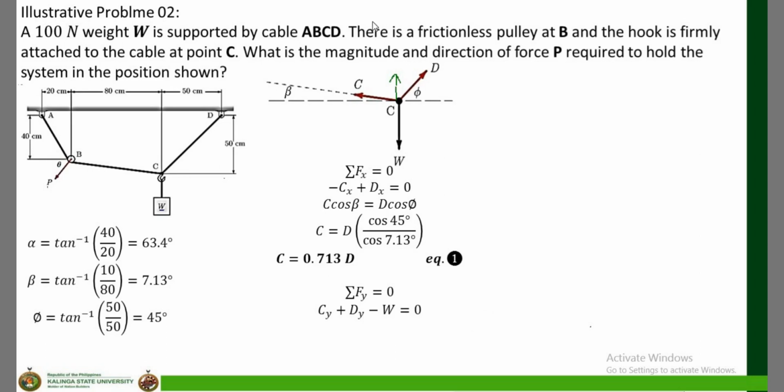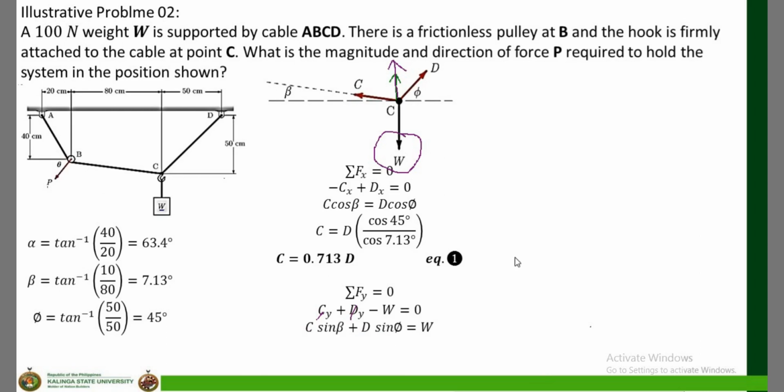I also have the y component of D, and the direction is also upwards. So Cy and Dy are positive. And here the weight is downwards, so it is negative.